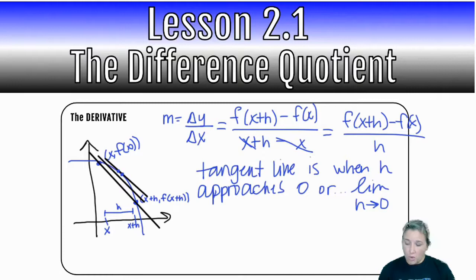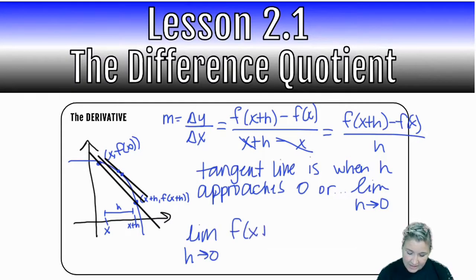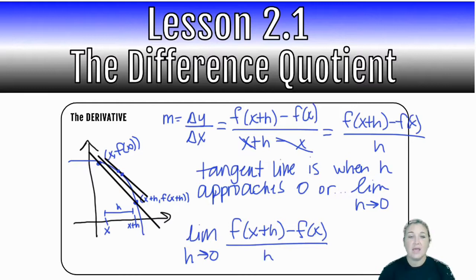So the difference quotient is the limit as h approaches 0 of f of x plus h minus f of x, divided by h. We're going to have to do some simplification, and you've seen a couple of these problems on your tests and other practice problems getting you prepared for this moment, finding the derivative.